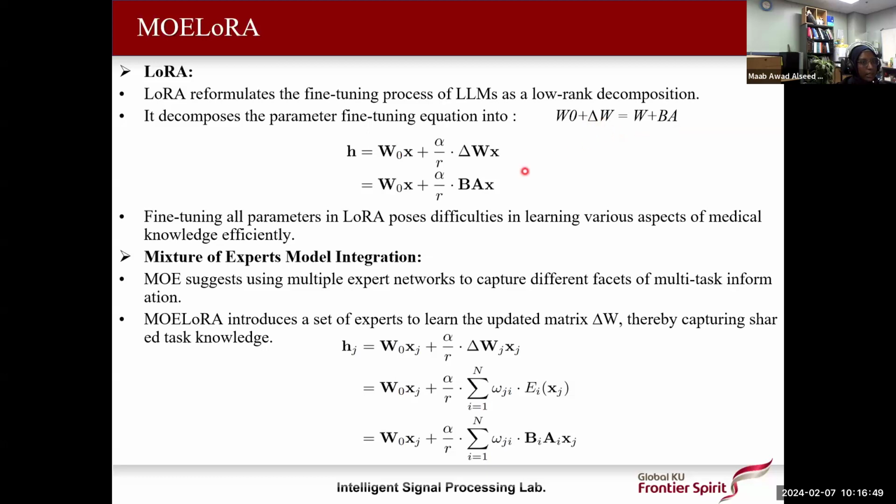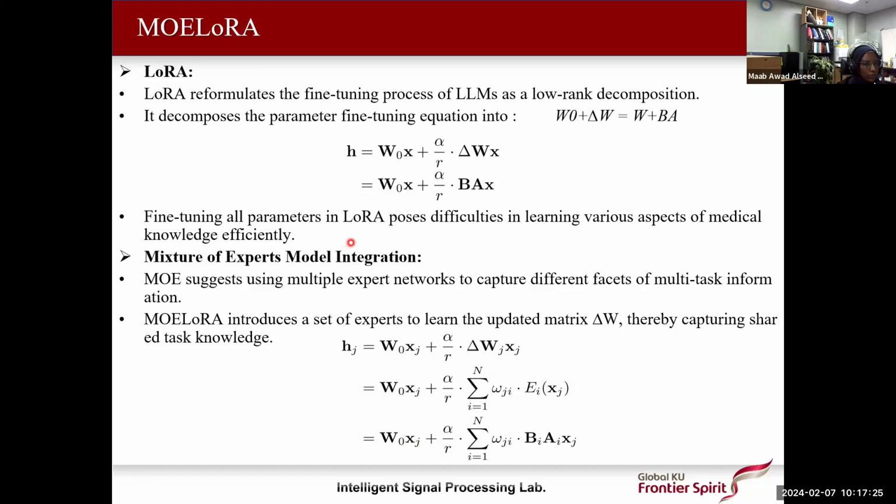These adapters consist of two low-rank matrices, and the contribution of the adapters to the whole output is controlled by the alpha hyperparameter constant, which controls how much the low-rank matrices contribute to the whole output.